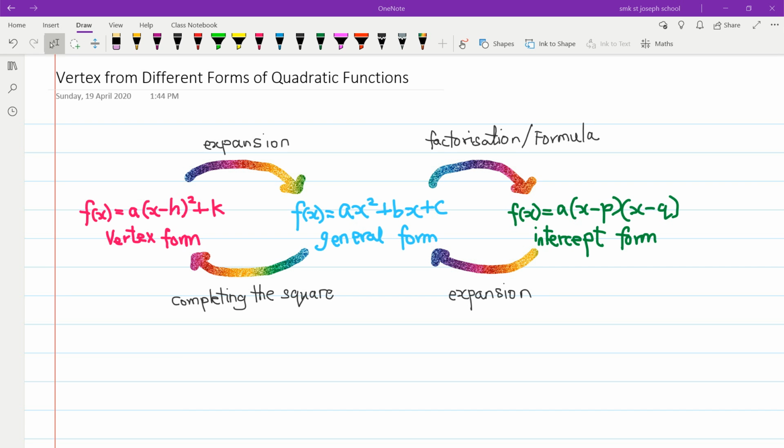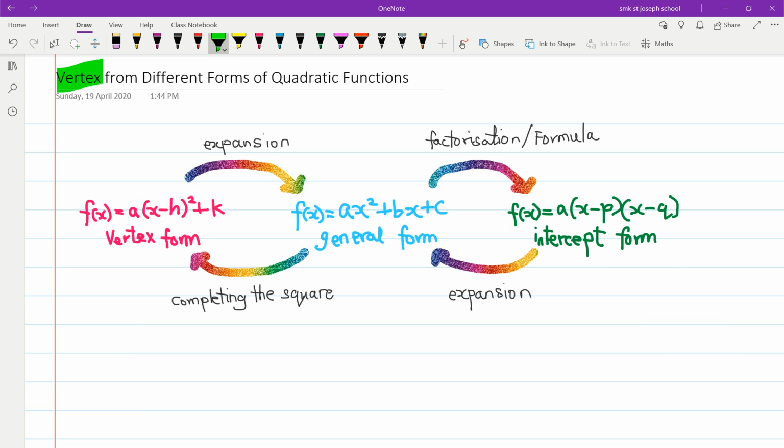So today we will explore ways to get the vertex from different forms of quadratic functions. Of course, if we can express any quadratic function given in vertex form, we can get the vertex quite easily. I will show you later, but that requires a bit of work.